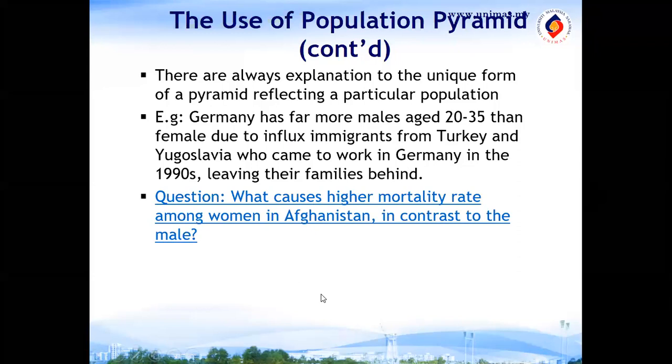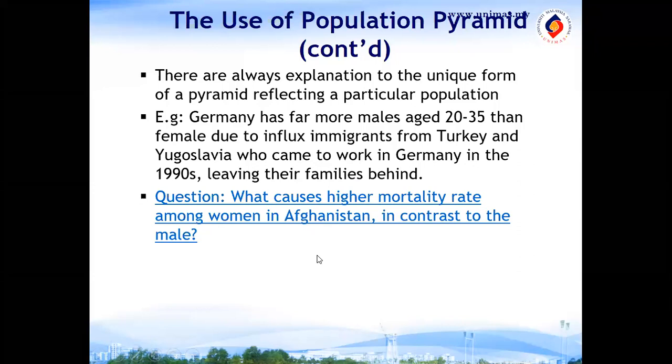One good question: what causes, I mean, Afghanistan is an example of a country with mempunyai pyramid yang agak classical in shape. So what causes higher mortality rate among women in Afghanistan, in contrast to male? Jadi sebaliknya, kalau di some other countries it's about 50-50 or even slightly more men, but not as bad as in Afghanistan, for example.